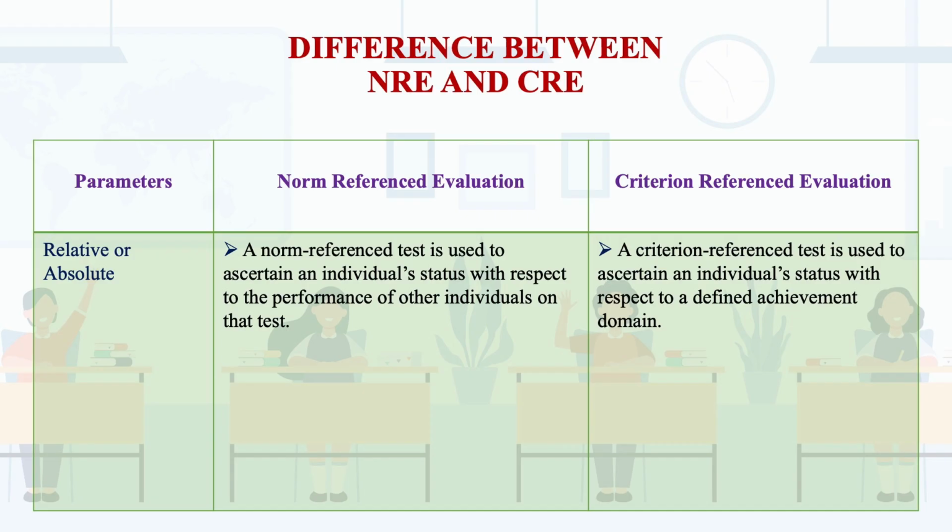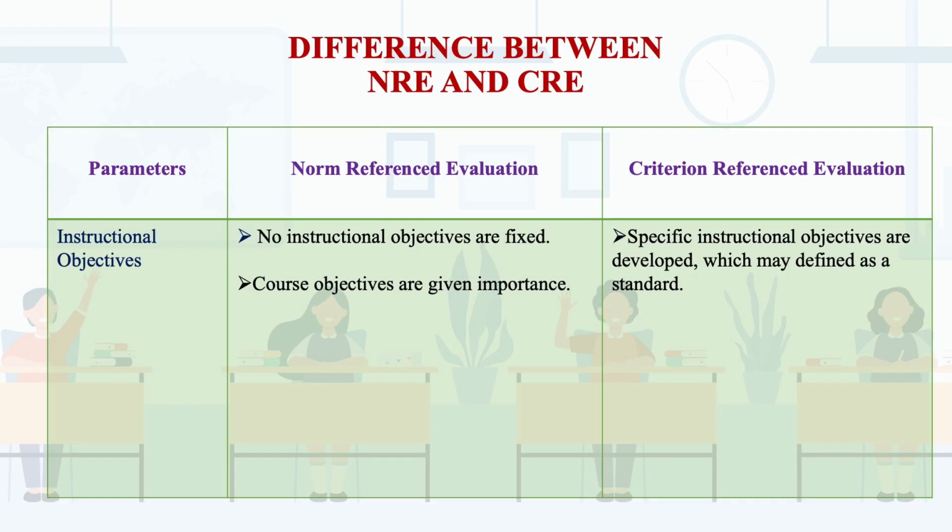Further, so far as the parameter of instructional objective is concerned, we can say that no instructional objectives are fixed in norm-referenced evaluation. Course or program objectives are given importance, because it is concerned with a subject, with the entire content of a course. But in criterion-referenced evaluation, instructional objectives are developed which may be defined as a standard.